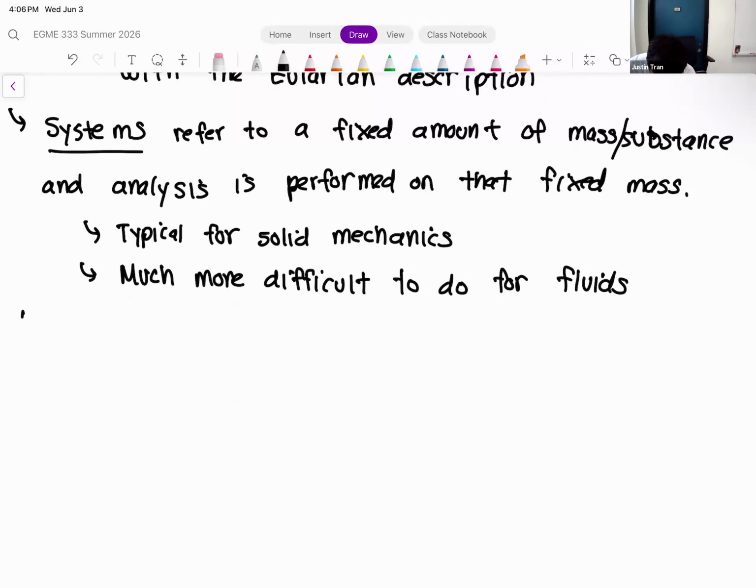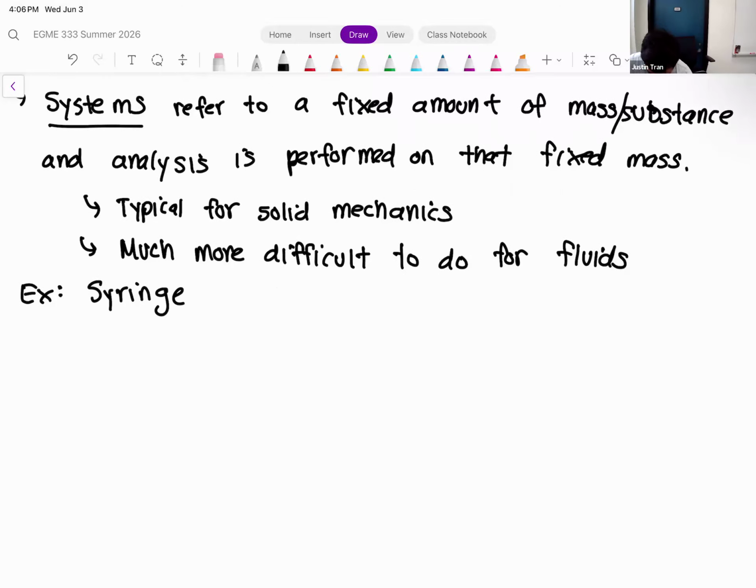Okay, as an example to show you how difficult it is to take a systems approach, or a Lagrangian approach, to fluids, let's look at the flow of liquid through a syringe. A syringe maybe looks something like this.